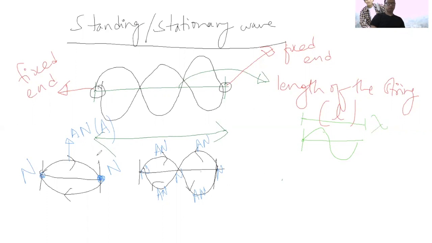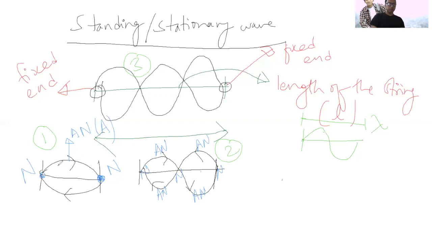I have taken three different cases of standing wave. This is the first case, this is the second case, and this one is the third case. So I have the first loop, second loop, and third loop of a stationary or standing wave on a fixed length of string having length L, right?